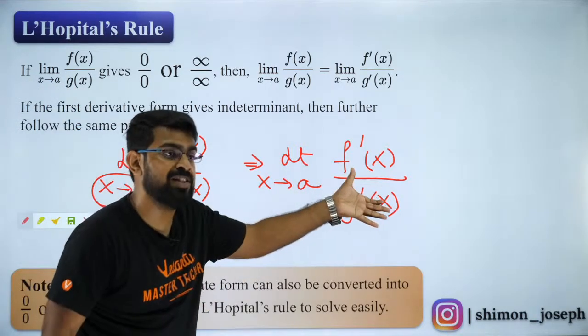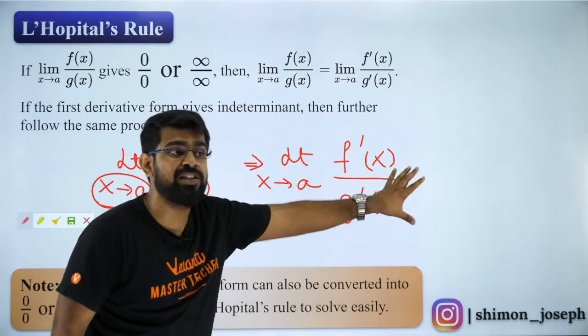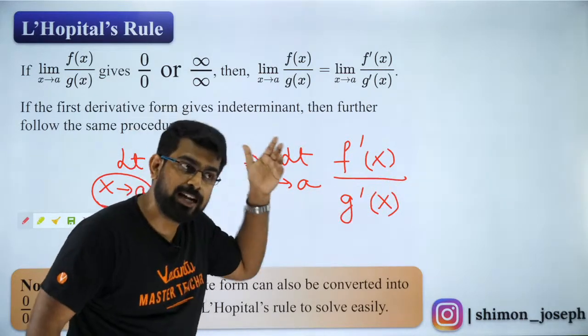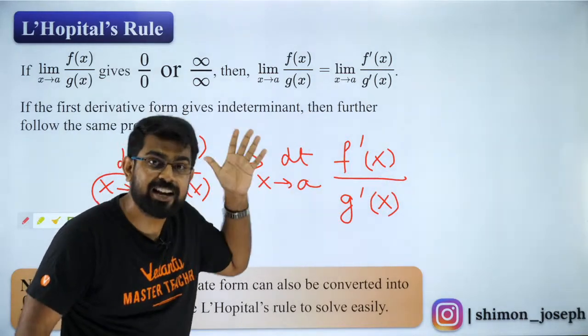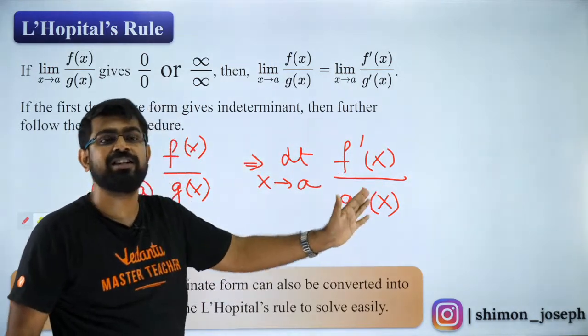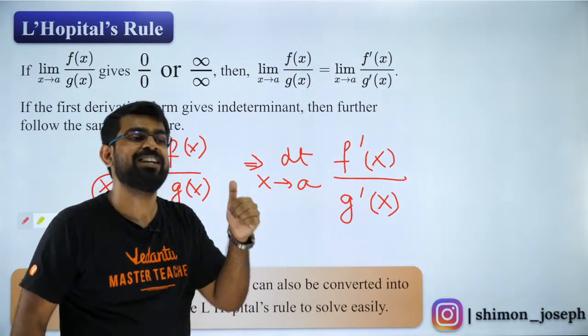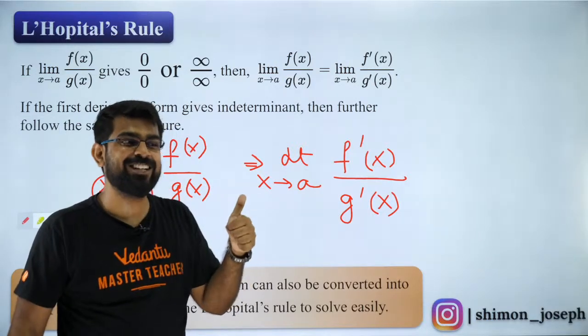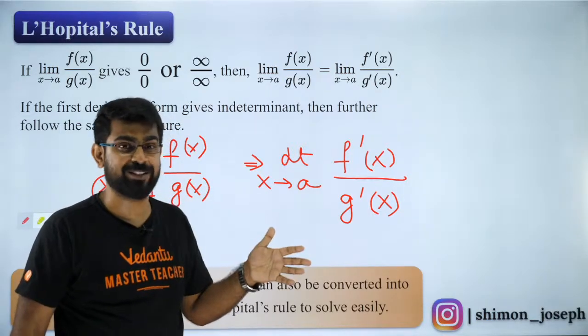So this will give me an answer. If again you have 0 by 0 form, differentiate again. Do this till you arrive at a finite limit. That is your L'Hopital. That is a very, very powerful method.